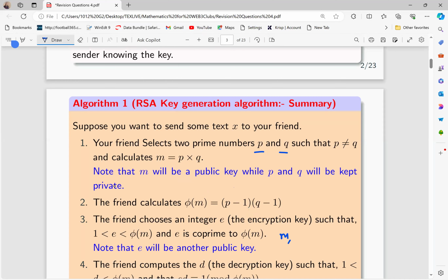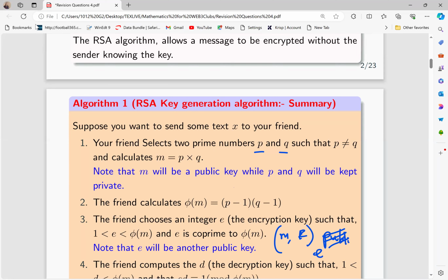He's making M and E public. So we can call this public key; in fact, let me call it the encryption key.